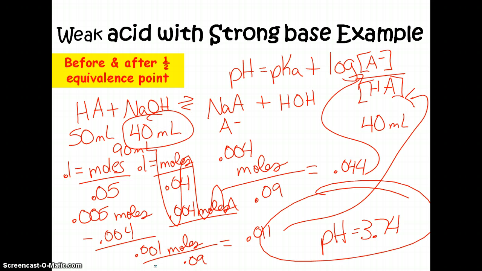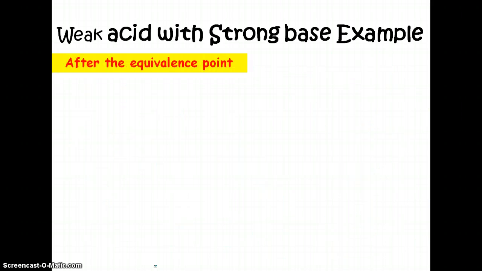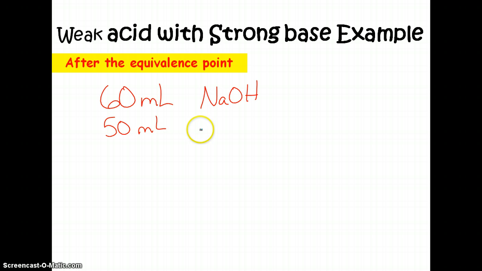All right, and last one we're going to look at is after the equivalence point. After the equivalence point, we have excess base. So we can basically just look at the base, calculate our moles of excess, total volume, and then find our pH from there. Equivalence was 50 mL, so I picked 60 mL of NaOH because that would mean that I had used 10 mL more than I was supposed to.